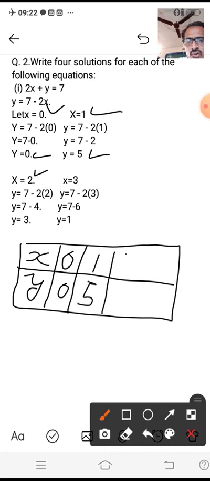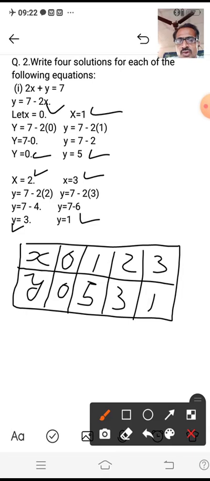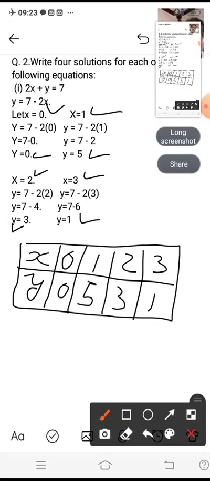For x equals 2 we have y equals 3. For x equals 3 we have y equals 1. So at last you have to make a table like this. So the first part of question two is over. Go through it. Clear?